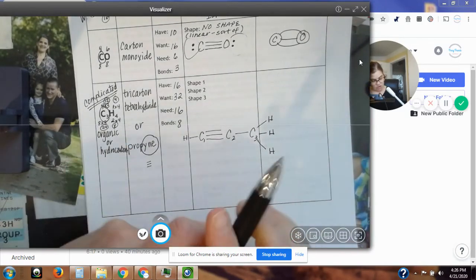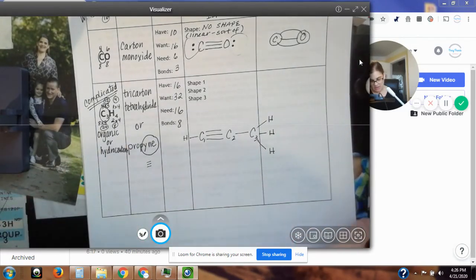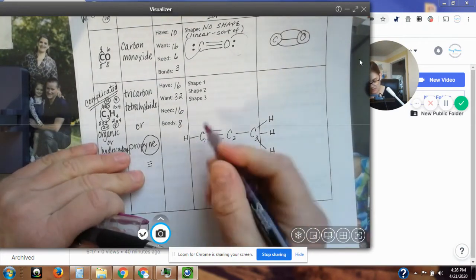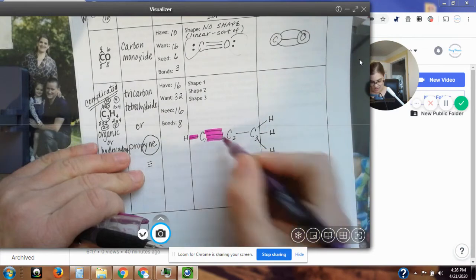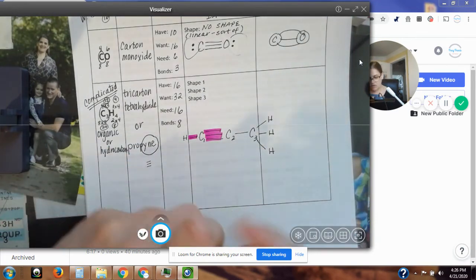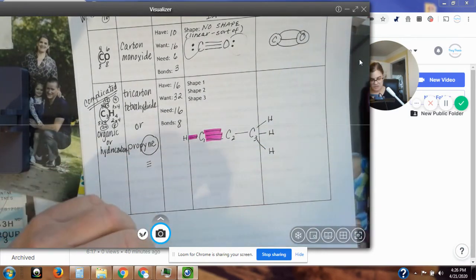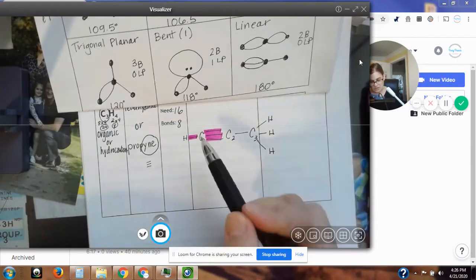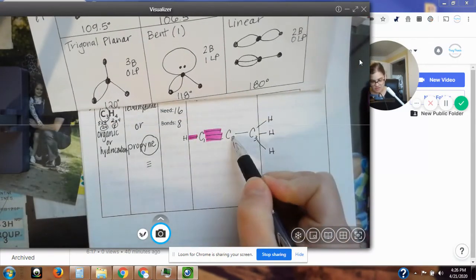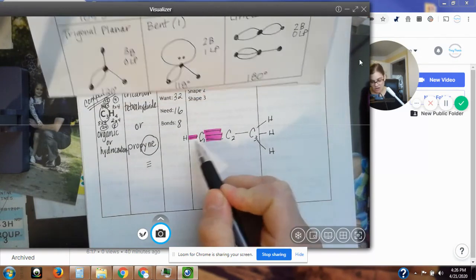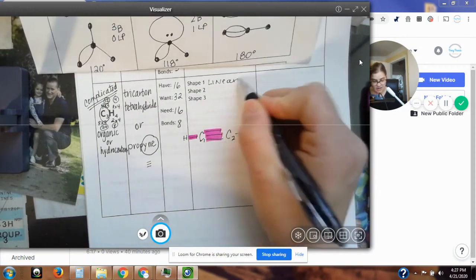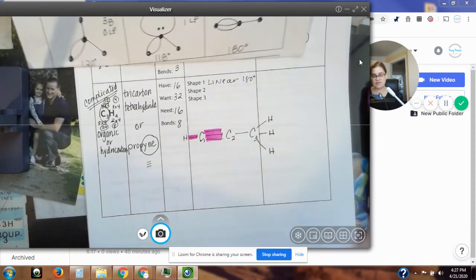Okay, now let's look at the shapes. So what I'm going to do here, I think I'll use my highlighters to help you guys with this. So with carbon number 1, we've got a single and a triple bond here. And I think that you can recognize from your shapes here that the only one with a triple bond is linear. And so from here to here, with this being the center, carbon number 1 is linear, and our bond angle is 180 degrees.